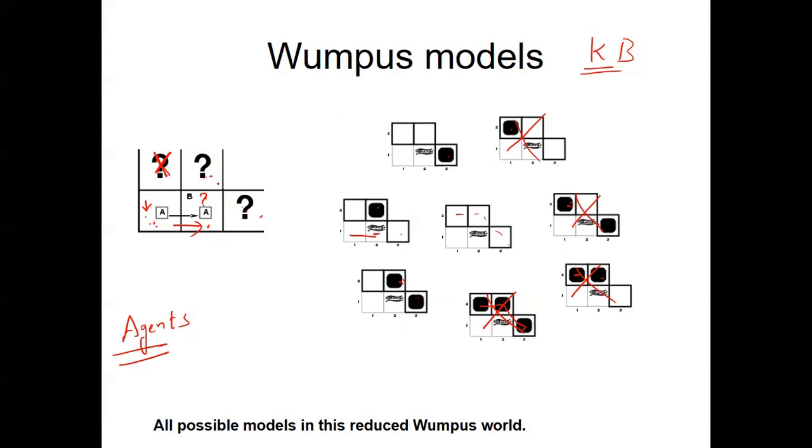Any one of these places should have a pit. So the agent cannot assume that both these places are not having a pit. So this also is ruled out.